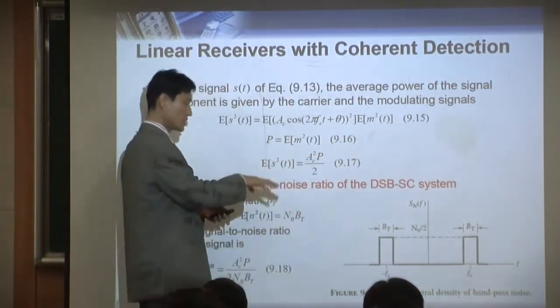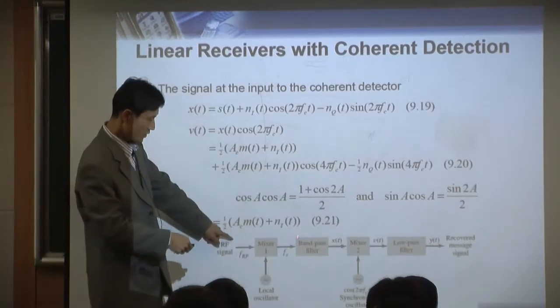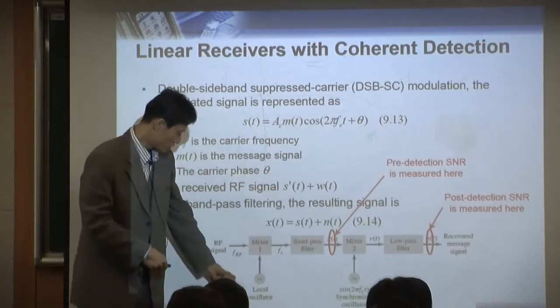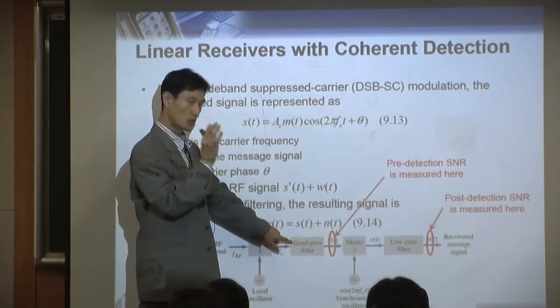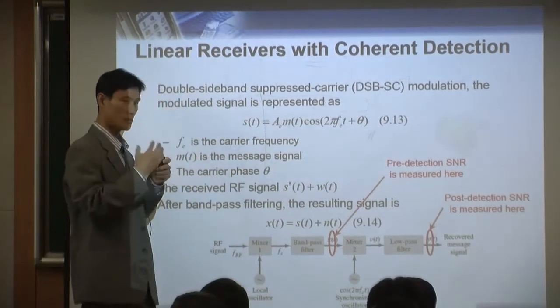But when such noise comes into our receiver, the receiver always has a bandpass filter. Let's go back here. Your noise is added, but whenever the noise reaches your antenna, the first thing that happens is the bandpass filter.